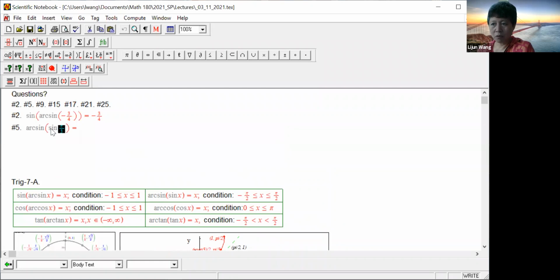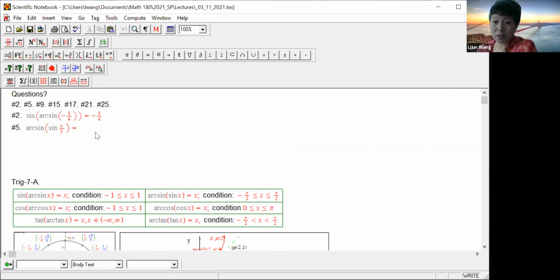For sine, there's no domain issue. For arc sine, there's a domain issue. Why does arc sine have a domain issue but sine does not? Why on this one do I check the domain, and for sine I didn't?